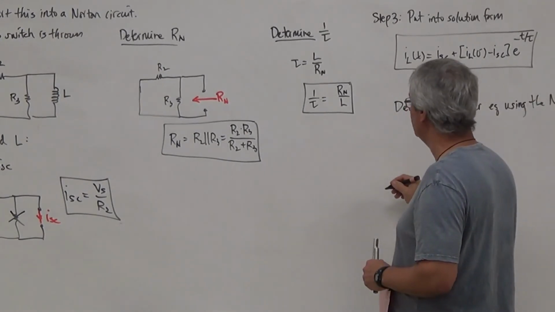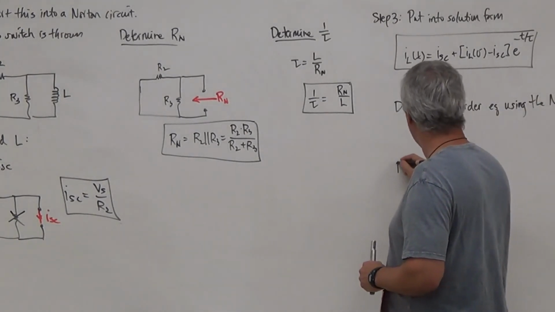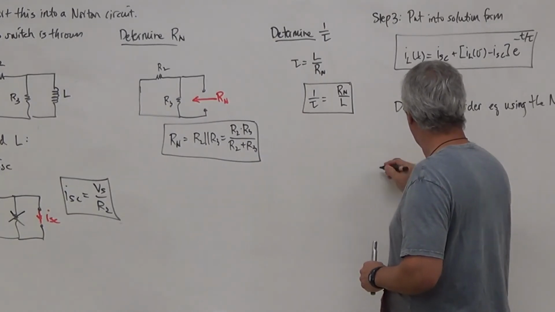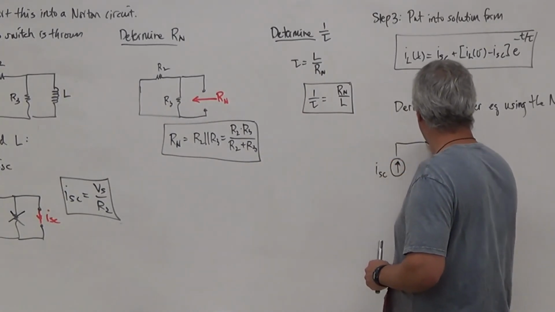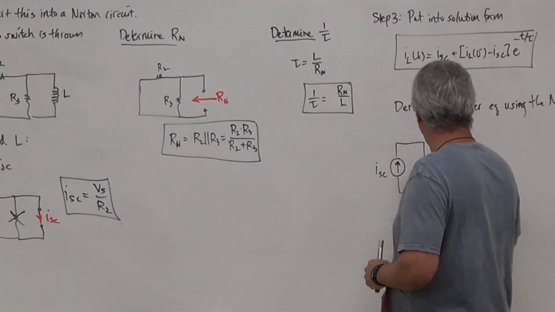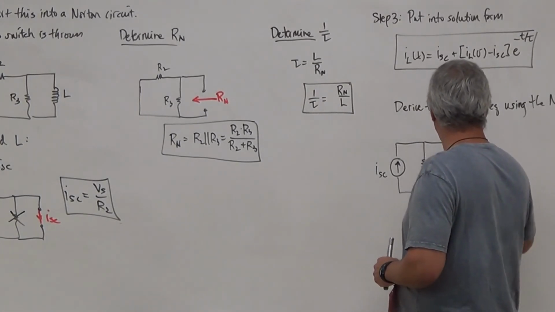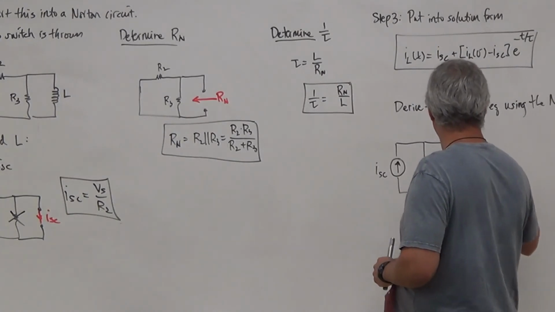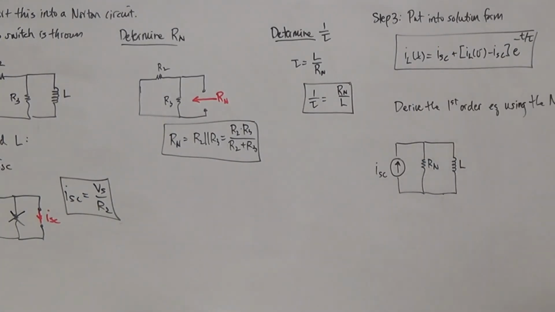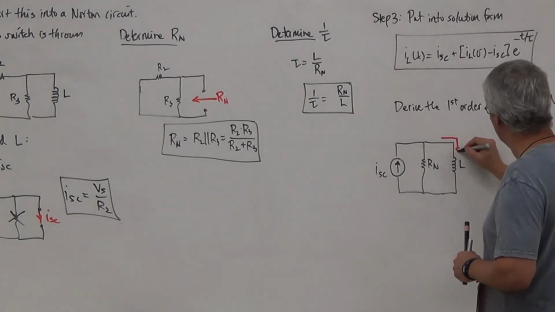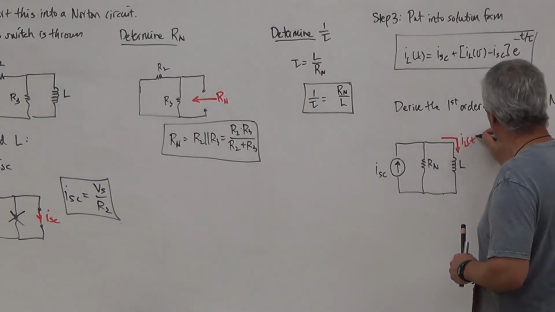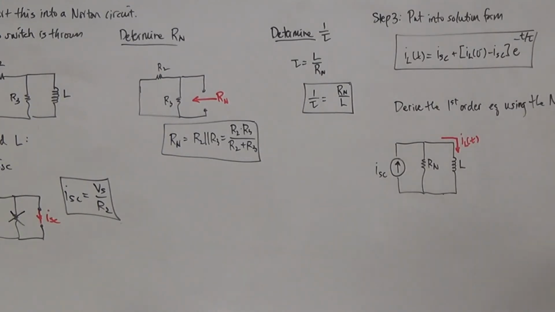So if I start off with my circuit here, and the Norton form here, we have I short circuit, Rn, and then I have my inductor here. So we have a very nice circuit that we can solve for IL of t. Because I have an inductor and that current is changing as a function of time, you can see that there's really only one node.